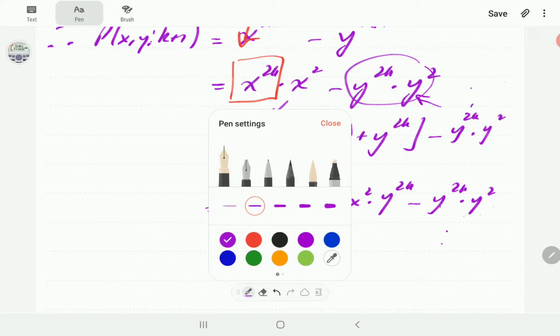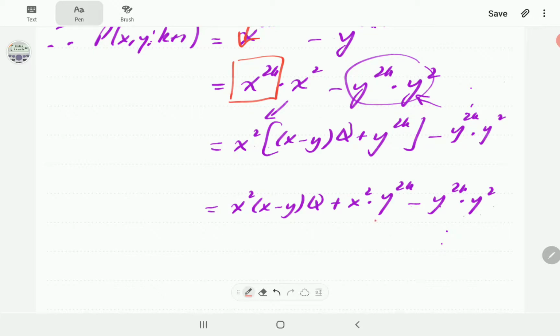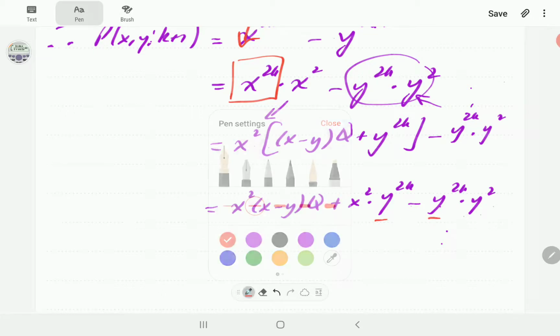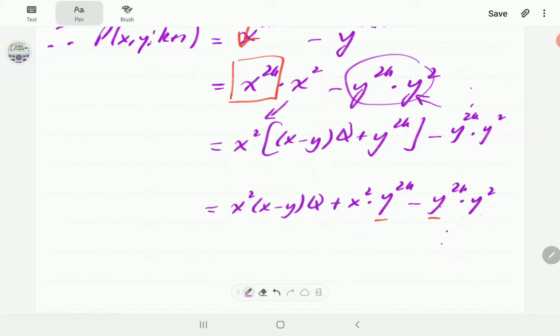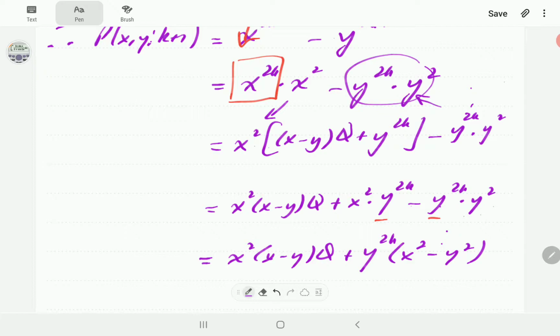And then all of a sudden we have a common factor here, which we are going to factorize. So when we do that, (x minus y)q here, we're going to have y to the power 2k into brackets x squared minus y squared.